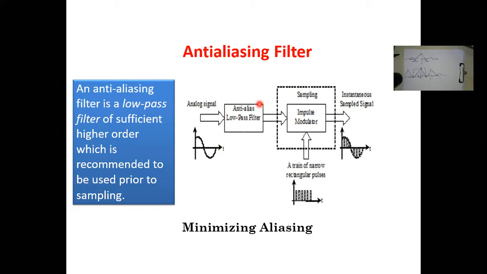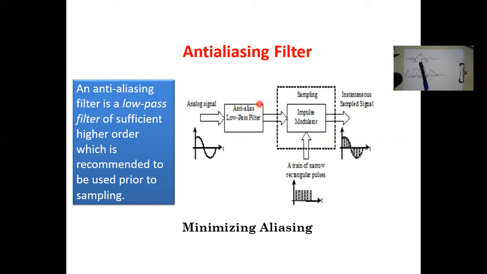This filter is used to limit your signal to a certain bandwidth, which we generally call fM, so that you can be 100% sure that no other harmonics exist after the low-pass filter. So this anti-aliasing filter is very important whenever you are doing your sampling process.